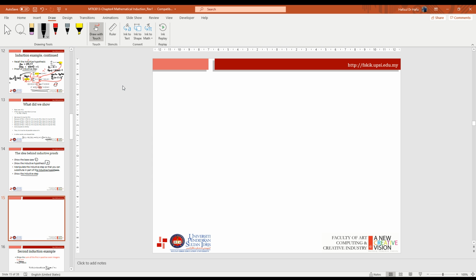First, we have A. We have 4 plus 9, we do it together, plus 14 plus 19 plus dot dot dot plus 5n minus 1 is equivalent to n(3 plus 5n).